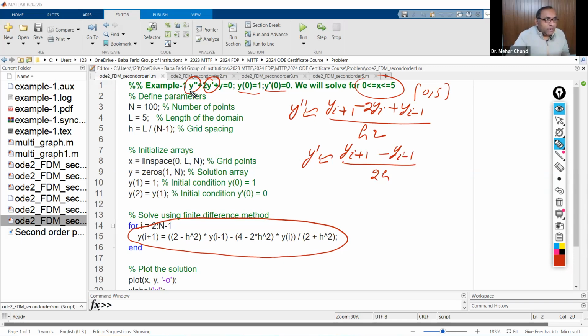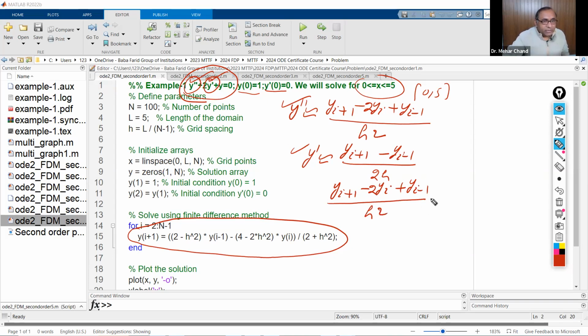Corresponding to this order of derivative, we require these differences, and also the conditions which are given, when we put these values in this equation. So this equation will be in this form: yi plus 1 minus 2yi plus yi minus 1 upon h square.